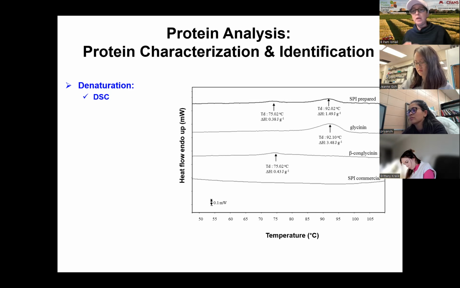When you give the protein heat and get to its denaturation temperature, the protein is going to take up that heat, causing thermal denaturation, unfolding of the protein. If the protein is completely denatured, like in this example, commercial soy protein isolate, you will not see an endothermic peak.